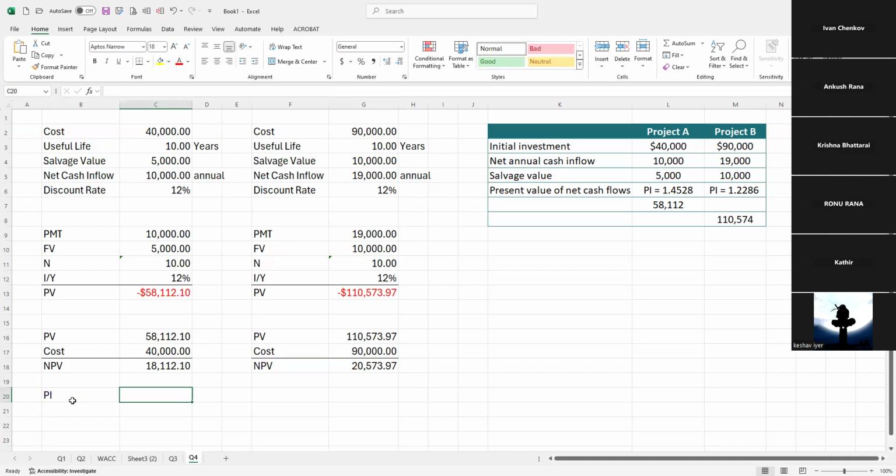The profitability index was the present value, the negative of this amount, divided by the initial investment. So in this case we get this number, and for the second project we get that number. So which project are you going to invest in? The one that has the higher PI. Make sense? The first one, yes.